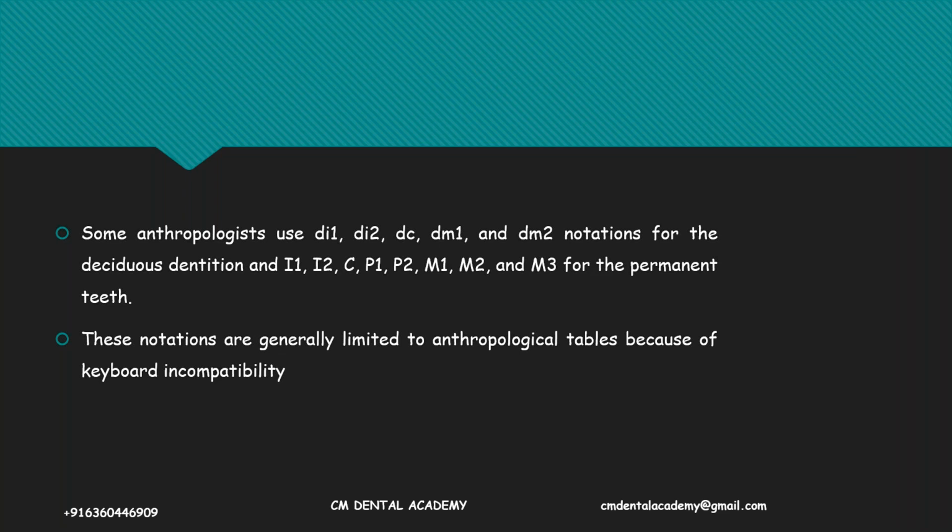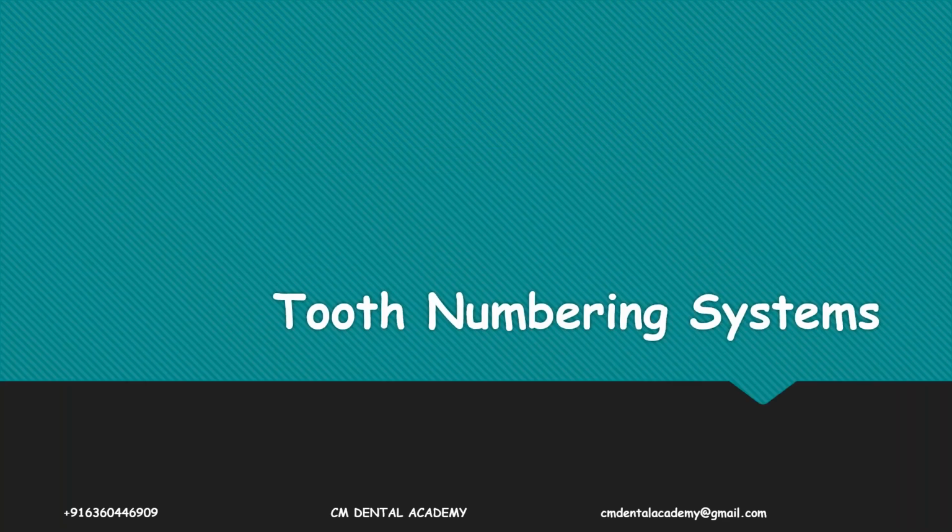Here DI1 stands for deciduous incisor 1, DI2 deciduous incisor 2, DC for deciduous canine, DM1 for deciduous first molar, and DM2 deciduous second molar. Usually, these are generally limited to anthropological tables because of keyboard incompatibility. So this is just a practice for anthropologists to document tooth numbering systems.